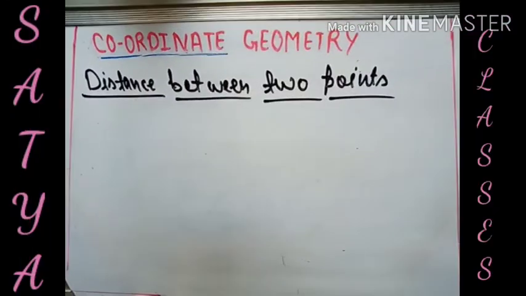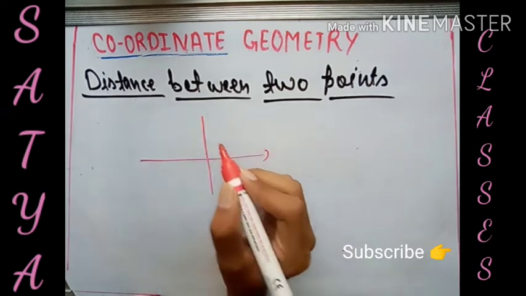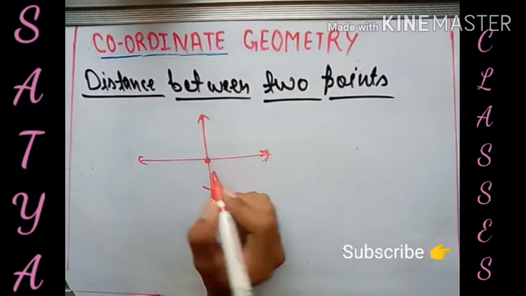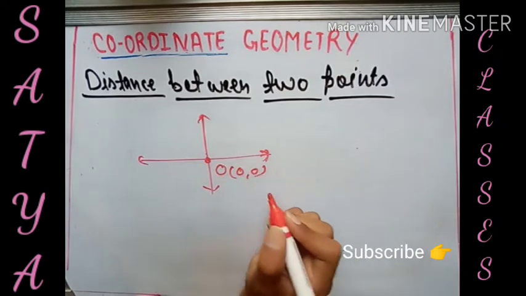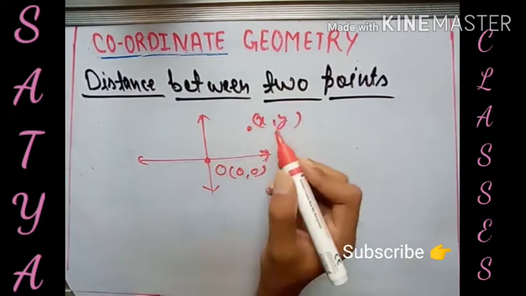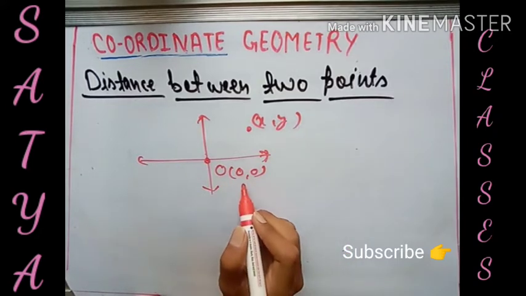Now moving on to the distance between 2 points. Remember the distance from the origin is also acting like 2 points. How? Look here, the origin O is taken as 0, 0, and the point x, y. So there were also 2 points, but 1 point was 0.